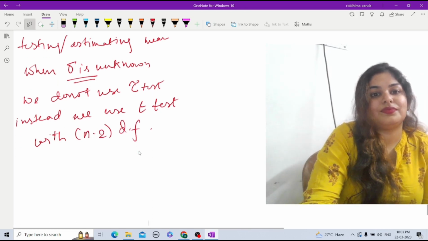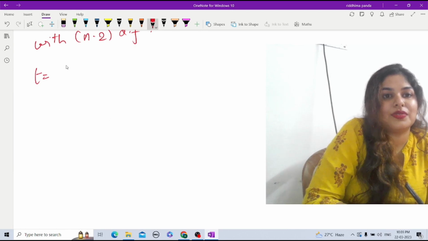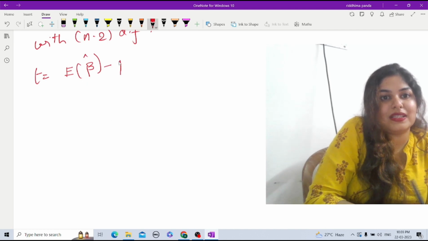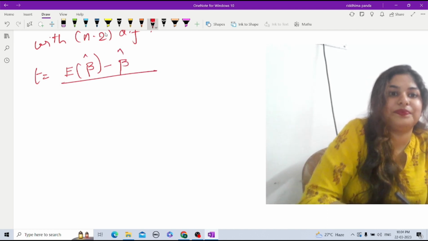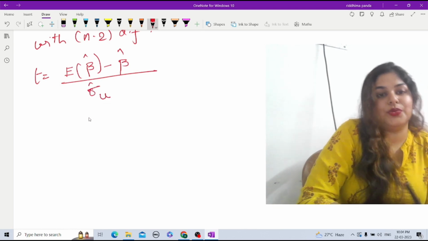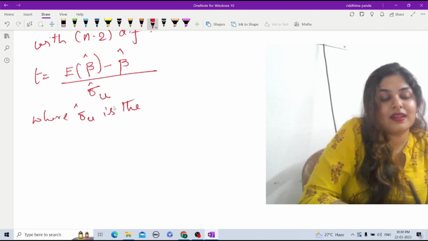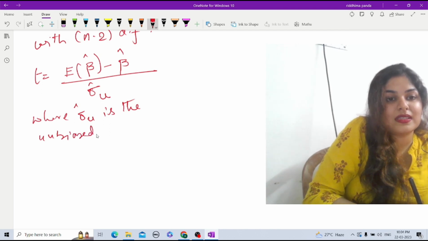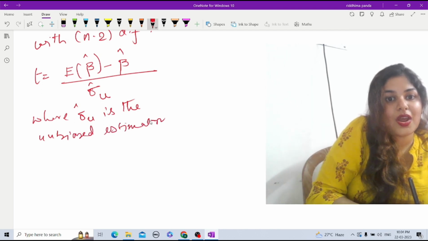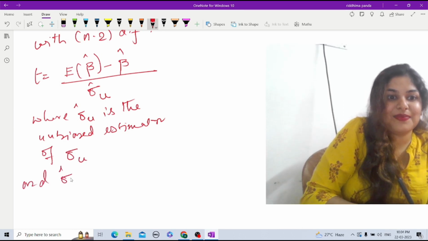So our test statistic here is t equals expectation of beta hat minus beta hat divided by sigma hat u, where sigma hat u is the unbiased estimator of sigma u, and sigma hat u equals summation ei square by n minus 2.